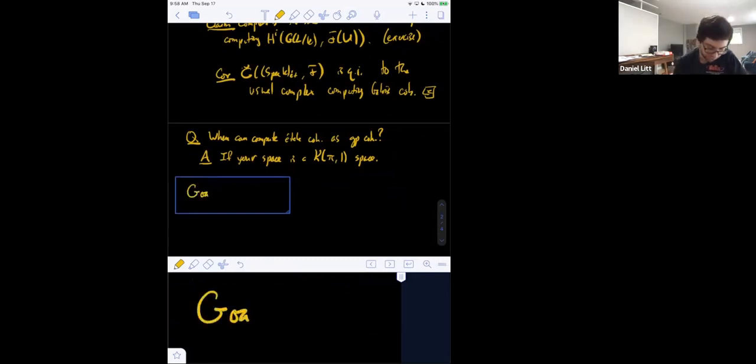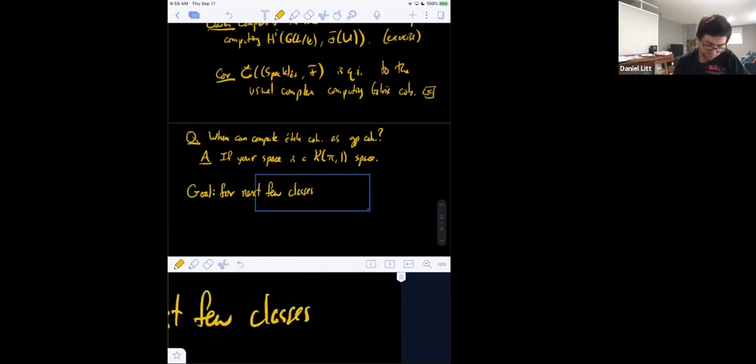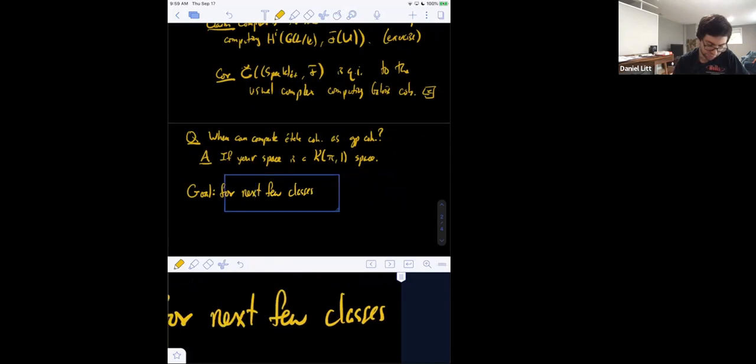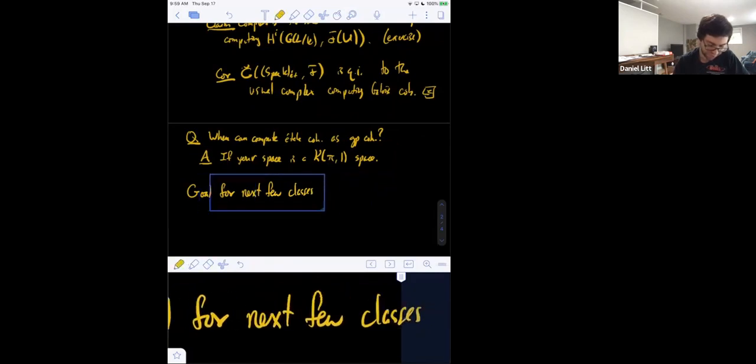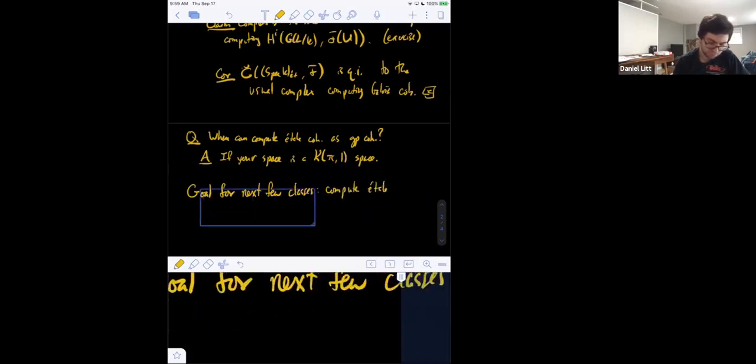The goal for the next few classes will be to compute the étale cohomology of curves over a field K equals K bar.